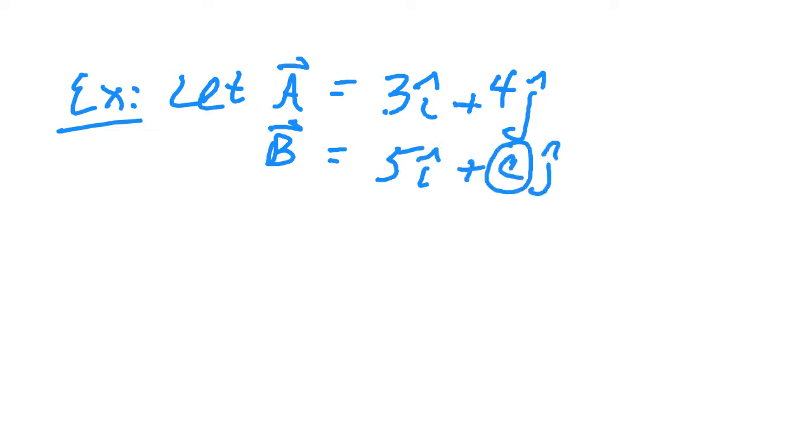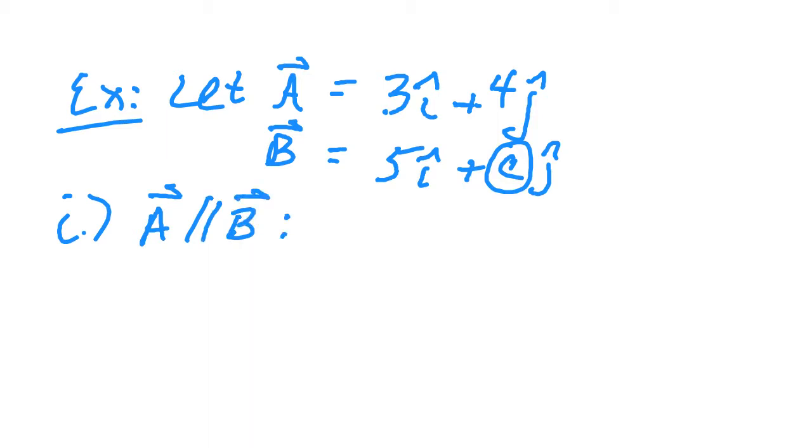In other words, I don't know what the coefficient here is, and then I've got two different problems. The first thing is I need to find a c such that A vector is parallel to B vector.